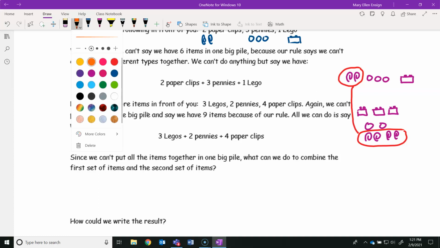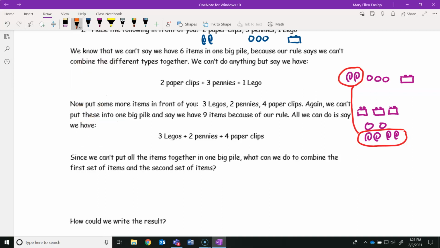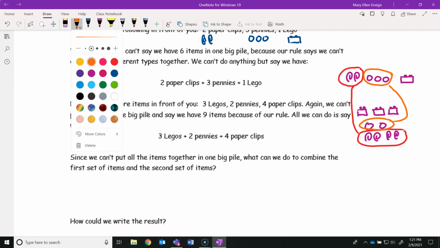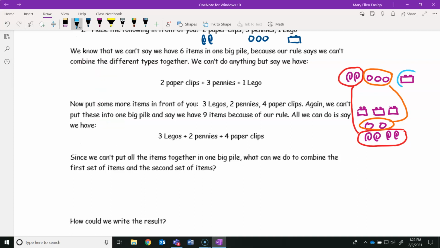And I can combine these pennies with these pennies. And I can combine this Lego with these 3 Legos. I can't combine Legos with pennies or paper clips with Legos, but I can combine Legos with Legos and pennies with pennies and paper clips with paper clips.